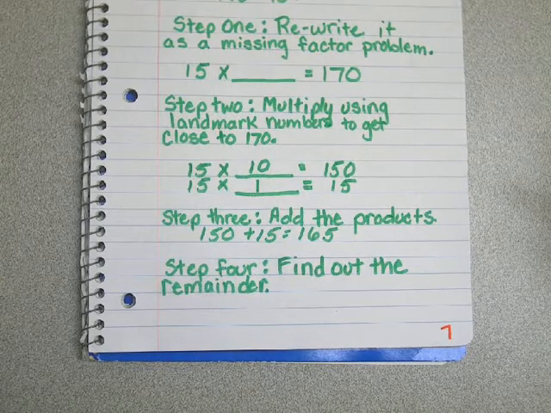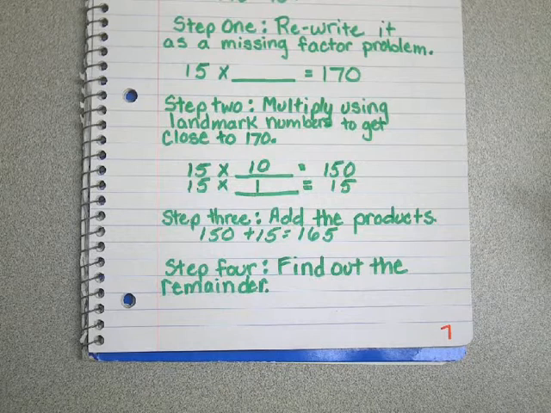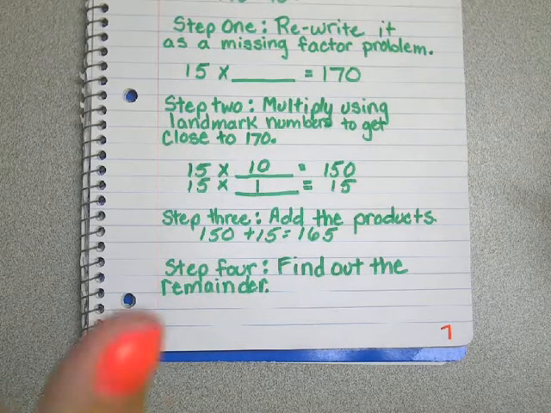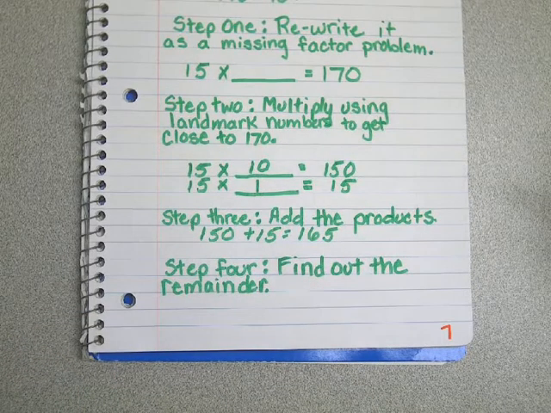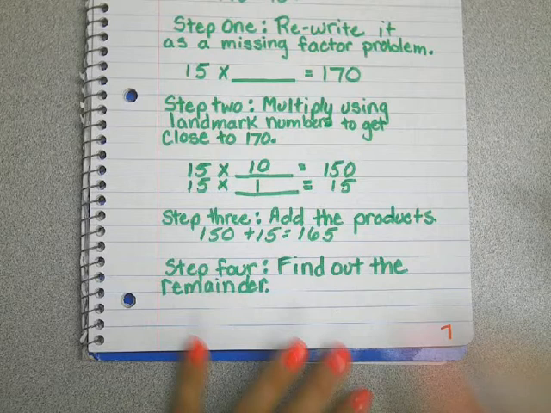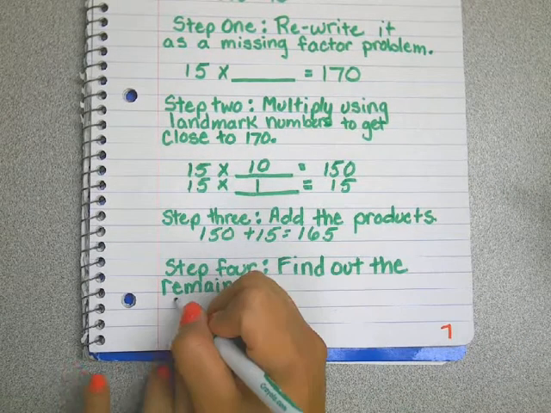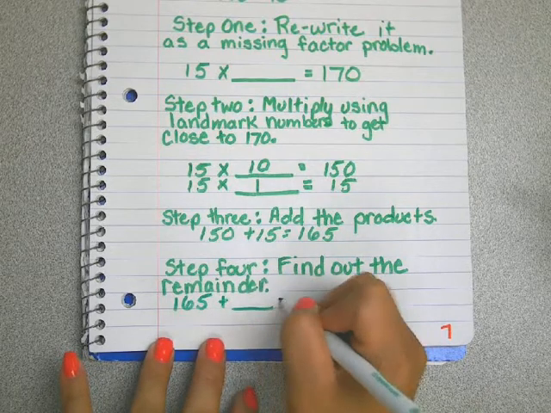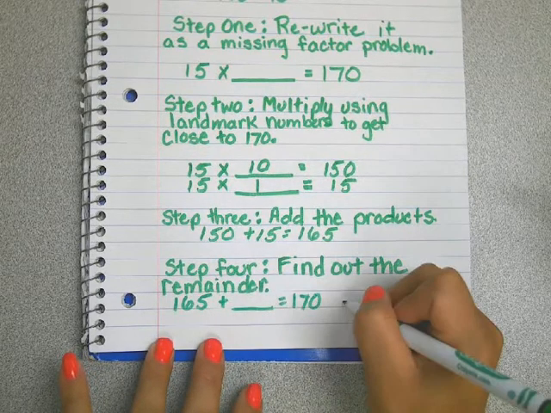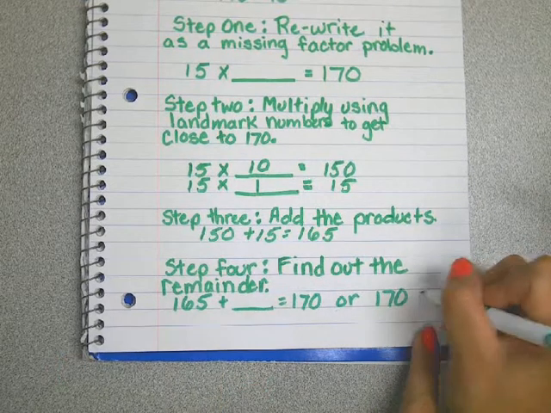Well, actually, I think I would add. It's actually subtracting, because you're figuring out the difference. Or you can go, okay, 165 plus what is 170? Just thinking about addition in a different way. Yeah, so find out the remainder.